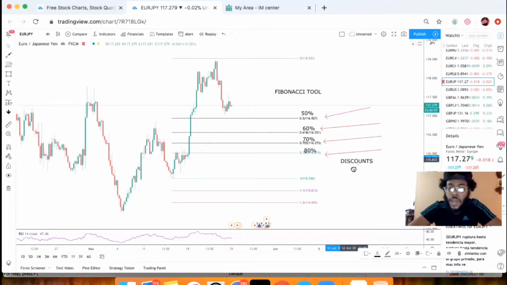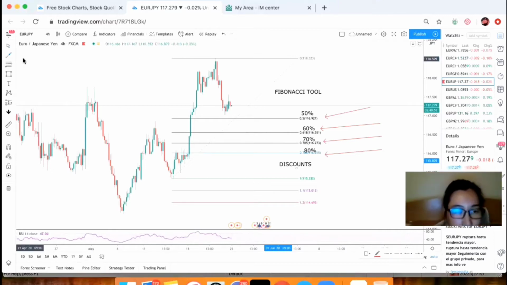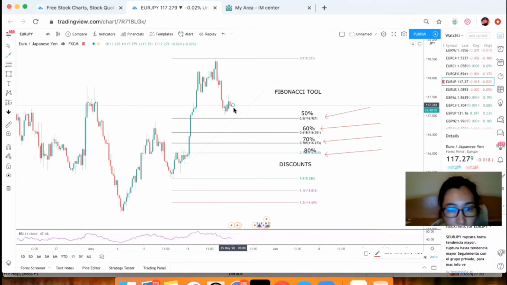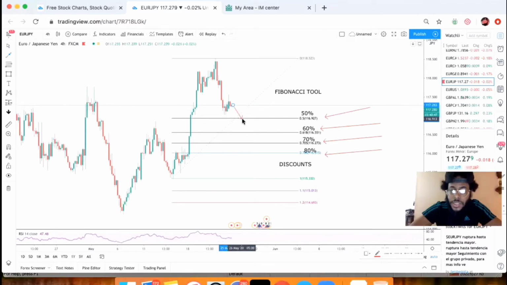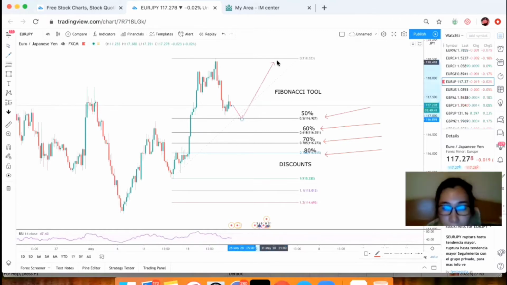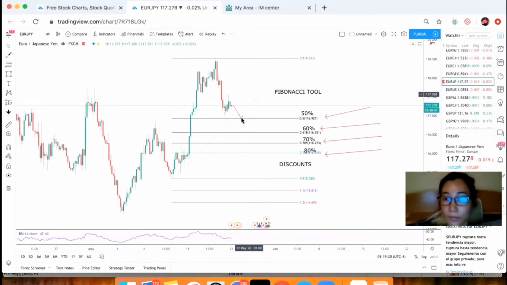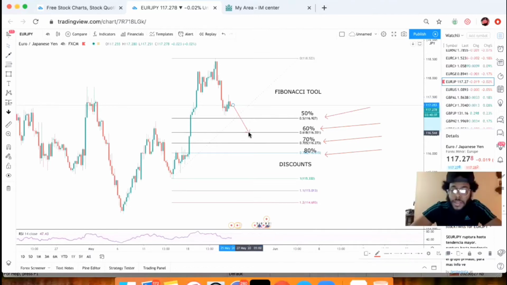It lets us see where these discount areas are. So if price is coming down, yes, we can see the 50% off, and that's where people might buy. But banks and institutions might wait for the 60%, or they might wait for the 70% to buy.